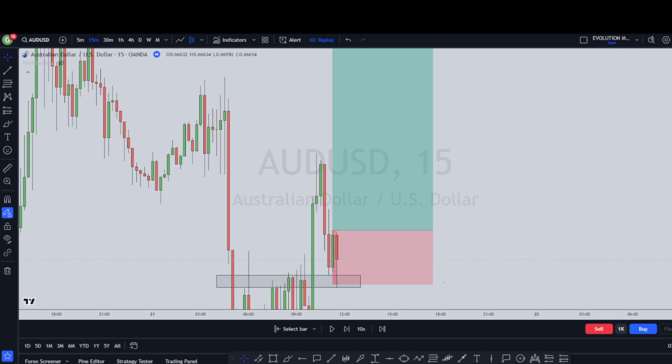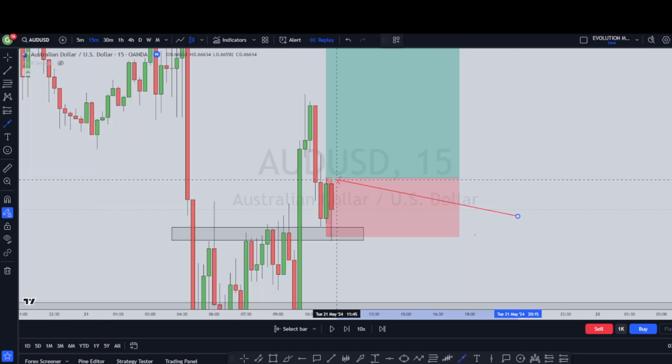Now, look closely here. If you took this trade here, price never triggered the highs, so we have not been entered into the trade yet, but the setup is still valid. Why? Because much as this candle never touched the high of this bullish candle, which would have taken us into the trade, it just dropped instead, but it was again rejected by this support area, and look, it closed above not only this support area to the downside, but also the support created by these two candle closes, the bearish and the bullish candle, having formed a minor support area.